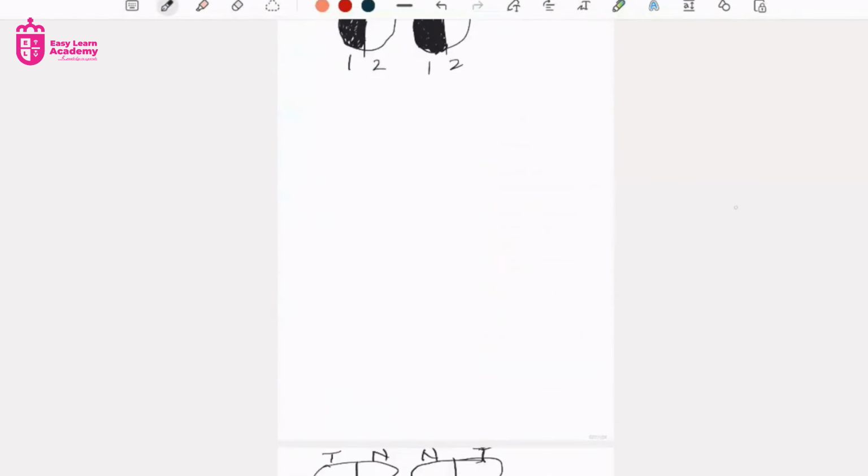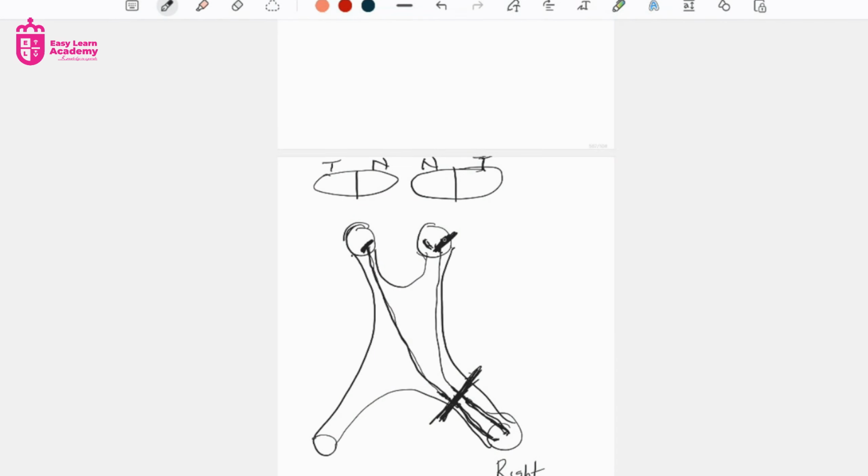Let's go back. So where would this go now? So it will now cross to the nasal side. Exactly. And the nasal side is the opposite side, which is right will go to left. So this side will be blind because signal was cut off. Okay. And this guy, where will he go? It will go to the temporal, the opposite side.